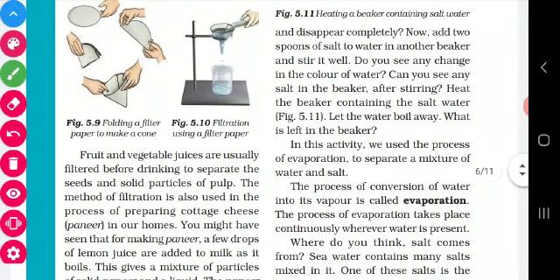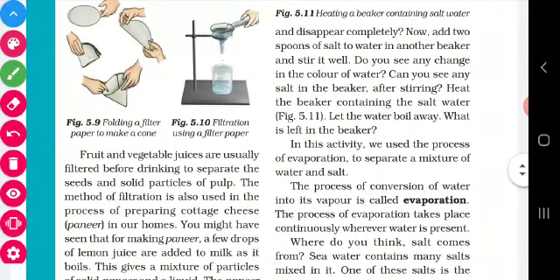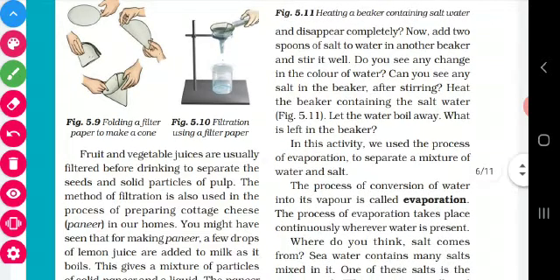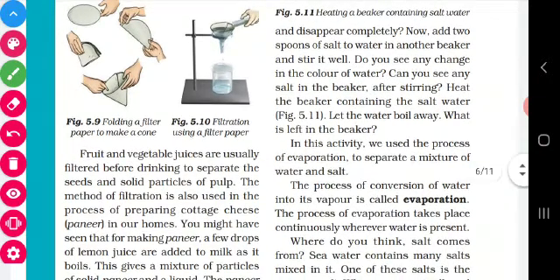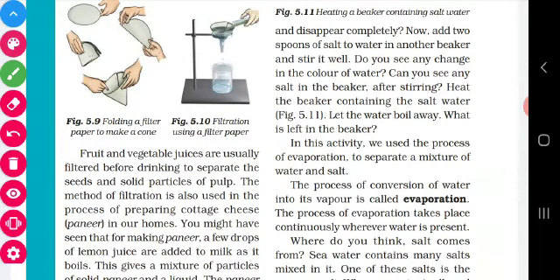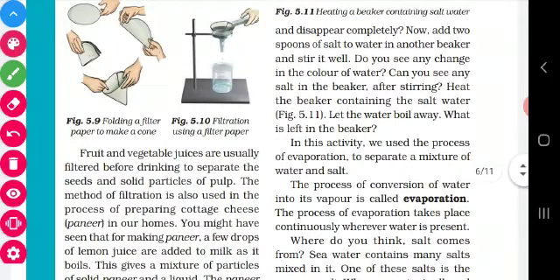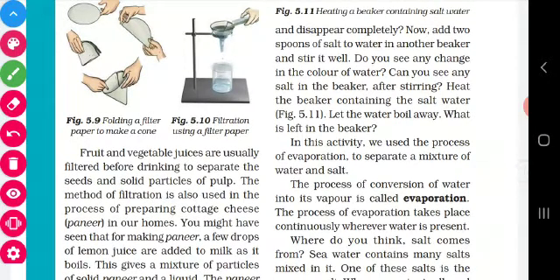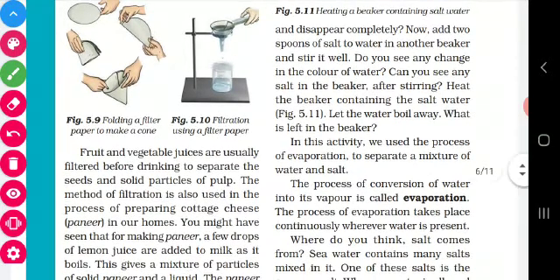So what happens? Now the salt is completely soluble in water. Now what we are going to do? We are going to separate the salt and the water by the process of evaporation. So now this mixture contains 2 substances. The first one is salt, the second one is water.